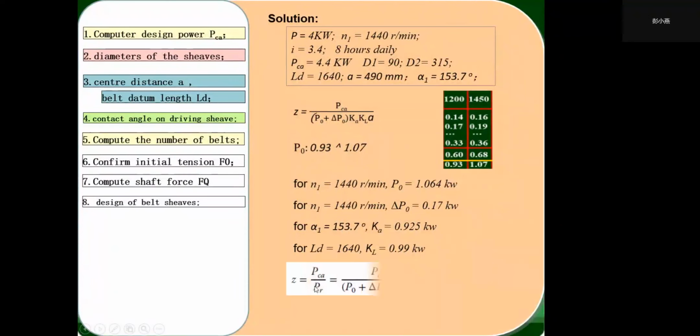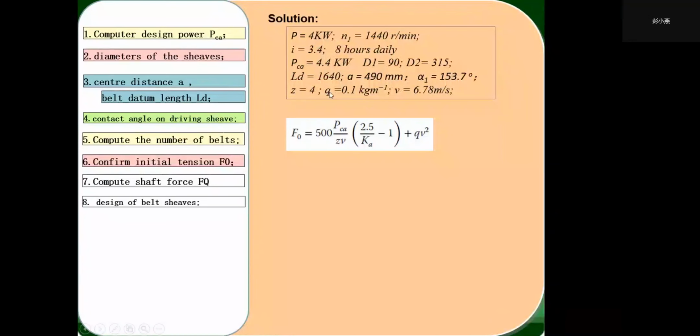And then we load the 4 parameters. And then we calculate Z, use this, and it's 3.89. So we select Z is 4. Select the number of belts is 4.